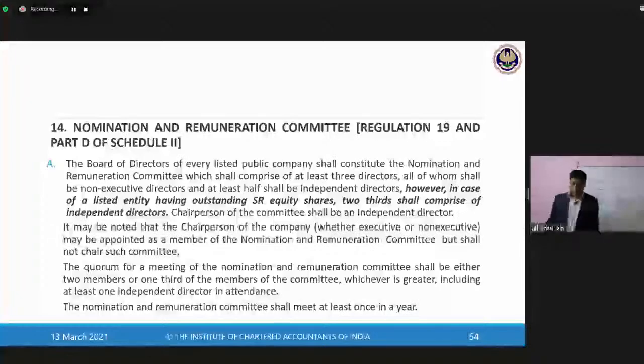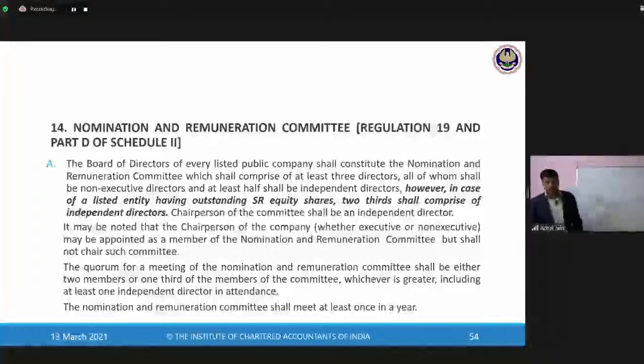Okay, so it's the type of committee which is required to be set up. So let's understand the role of this committee. The board of directors of every listed company shall constitute this Nomination and Remuneration Committee, which shall comprise at least 3 directors, all of whom shall be non-executive directors, and at least half shall be independent directors.